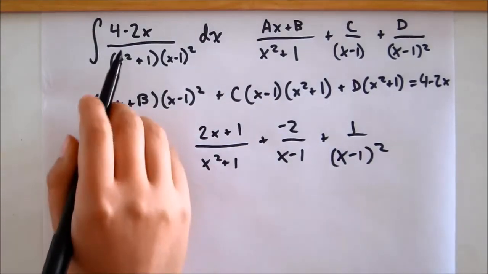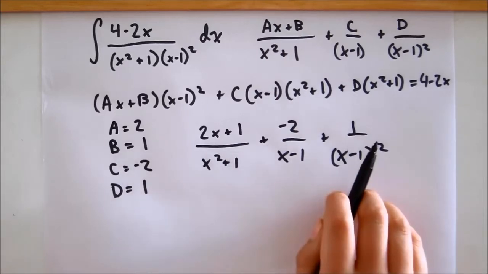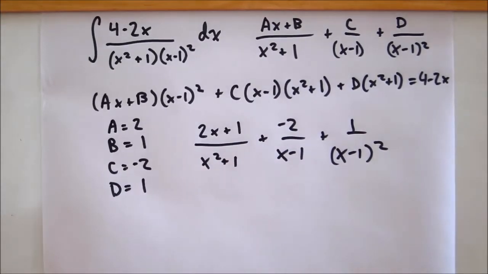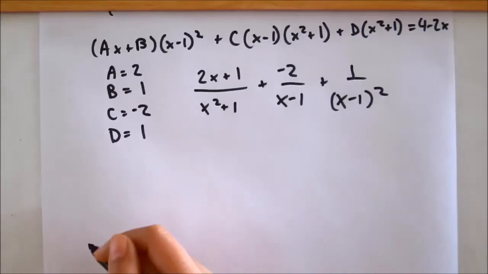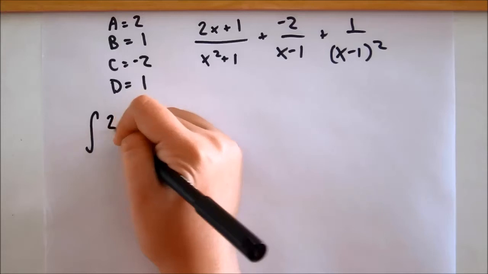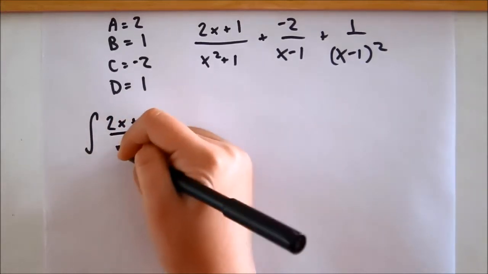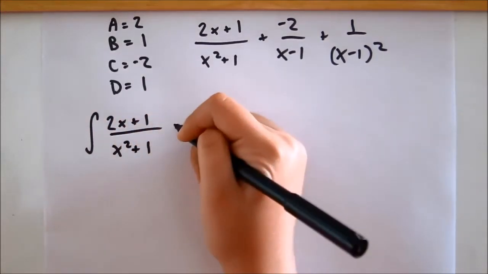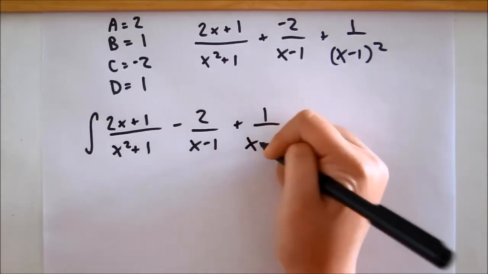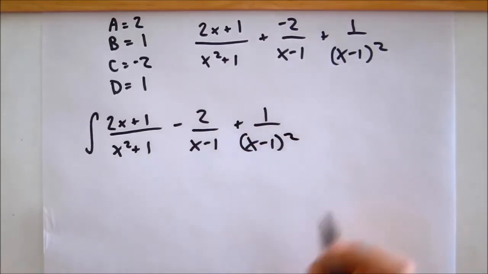So now we know that this equals this, and then we can just integrate these parts in ways that we already know, such as using u substitution and trig identities. So this becomes the integral of (2x plus 1) over (x squared plus 1) minus 2 over (x minus 1) plus 1 over (x minus 1) squared.